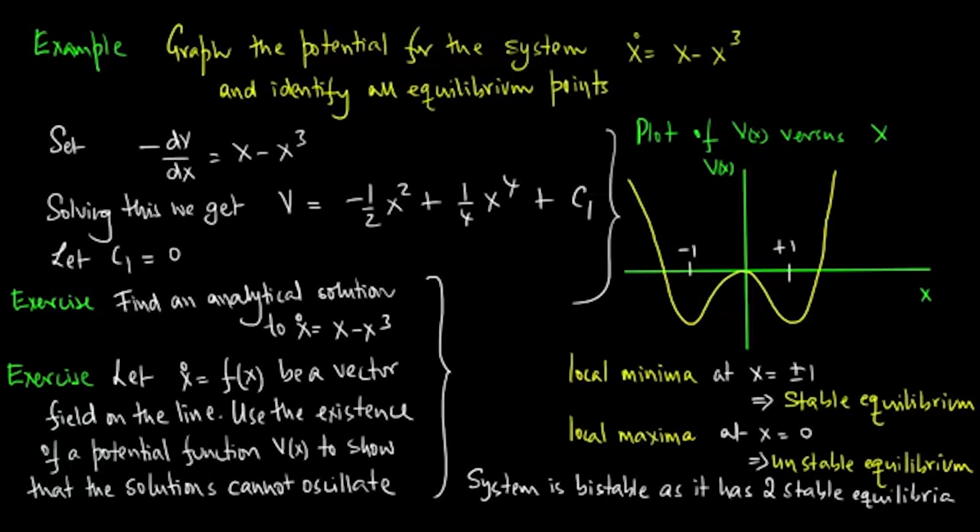So this second exercise is actually closely related to the lecture where we talked about the impossibility of oscillations of x dot is equal to f of x. But here what I am saying is, can you use the existence of a potential function V of x to actually show that the solutions of x dot is equal to f of x cannot oscillate.